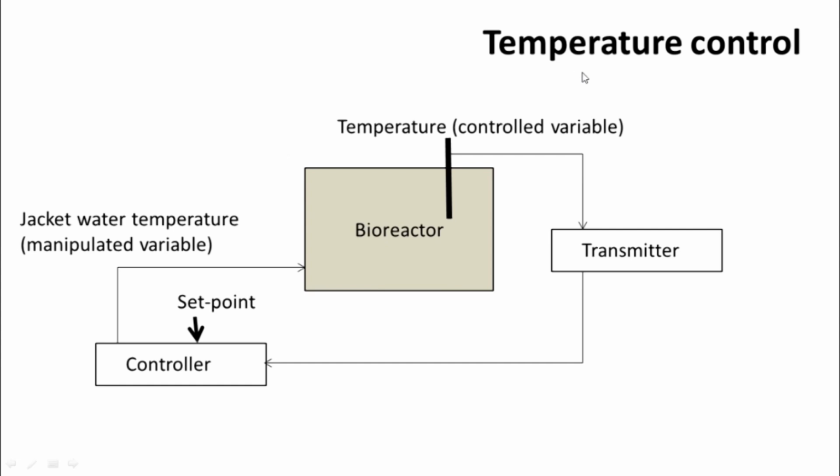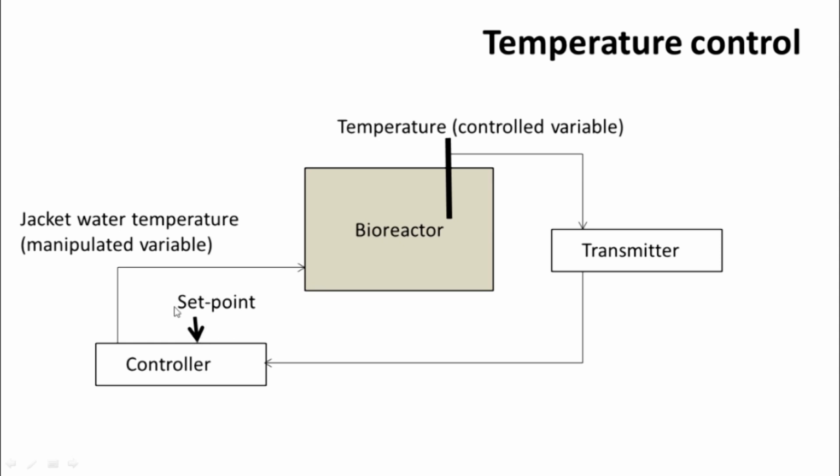Schematically, from a control point of view, the bioreactor is shown here. The temperature is measured through RTD device, resistance temperature device, and this is measured and controlled. Therefore, this is the control variable. Temperature is the control variable. Whatever is measured is transmitted through a transmitter to a controller, which has in it the set point set.